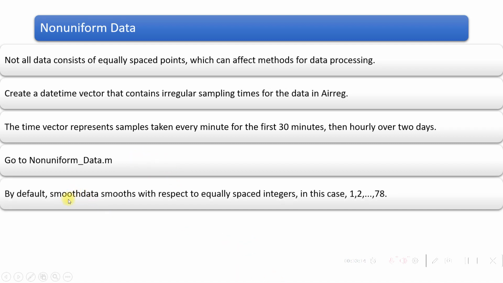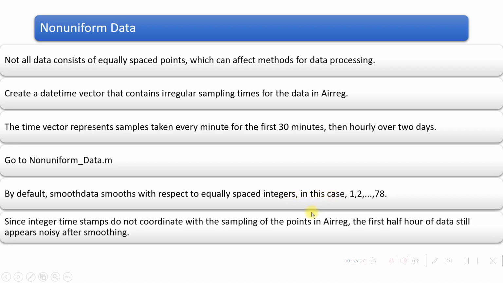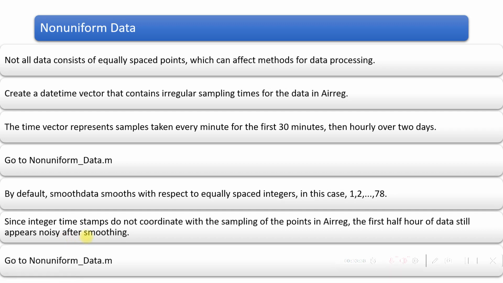By default, smoothing is with respect to equally spaced integers, in this case 1 to 78. Since the integer timestamps do not coordinate with the sampling of the points in air reg, the first half hour of the data still appears noisy after smoothing. So we will go to that.